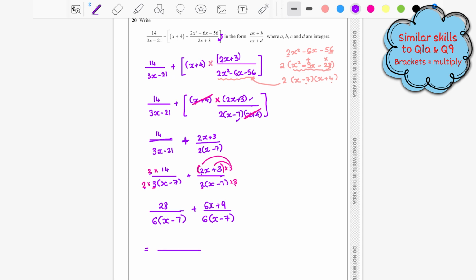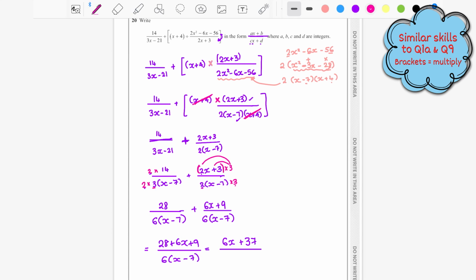At the bottom, I have 6 brackets x minus 7. And at the top, I've got 28 plus 6x plus 9. I'm just going to simplify a little bit more. 28 plus 9 will give me 37. So that is 6x plus 37. Now, the question wants it in the form of ax plus b over cx plus d.